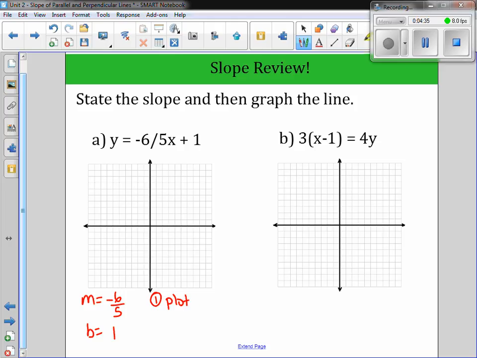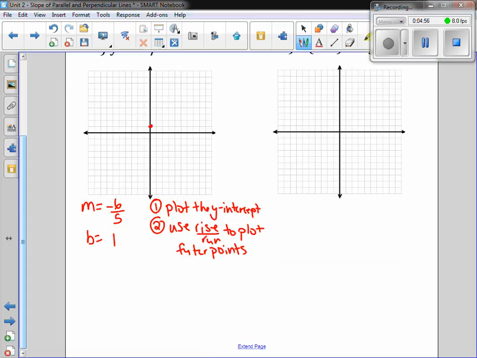We are going to plot the y-intercept. That is a positive 1. Second, we are going to use rise over run to plot future points. So we are going to rise -6.